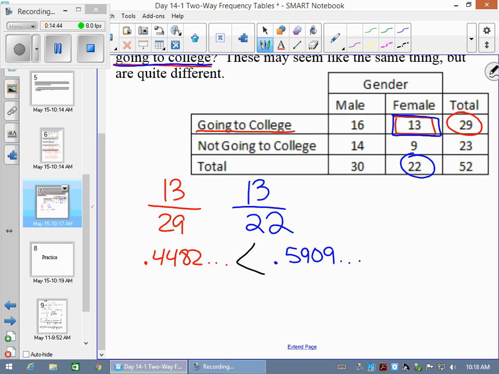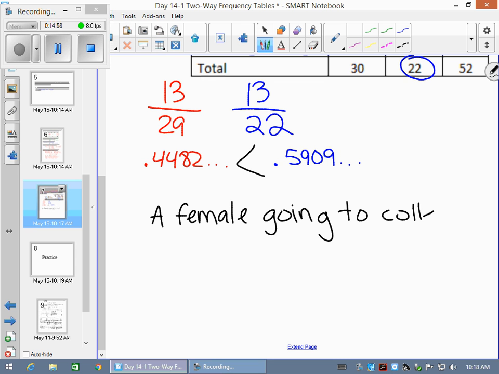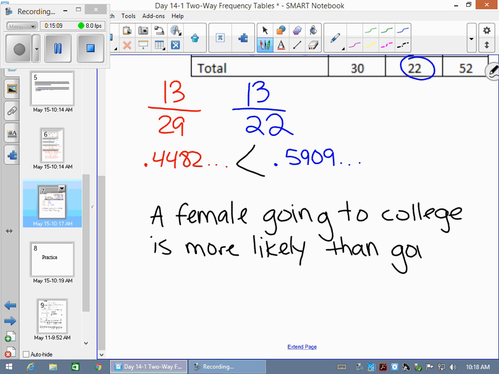So if we write that out, female going to college, so that was our 13 out of 22, is more likely than going to college as a female. And that was our 13 out of 29.